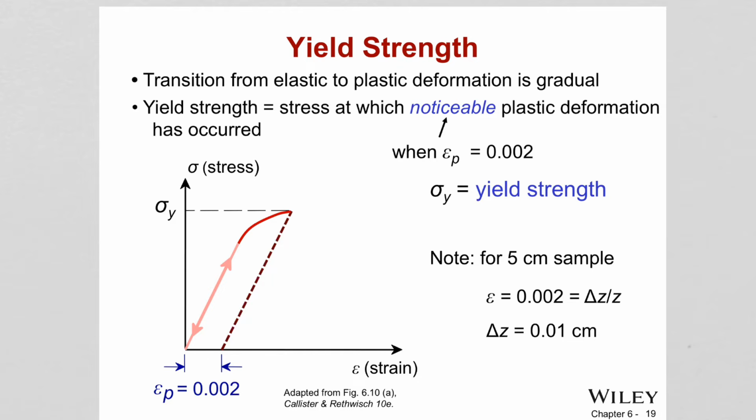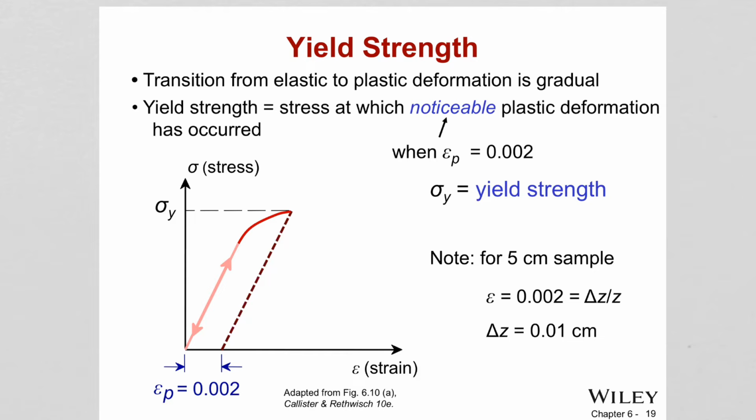Yield strength is basically the stress where the plastic deformation noticeably starts. Okay, and in design you never want to go over the yield strength of a material, because whenever you exceed the yield strength of the material, the part is gonna undergo plastic deformation, and then basically the material fails to serve its purpose.